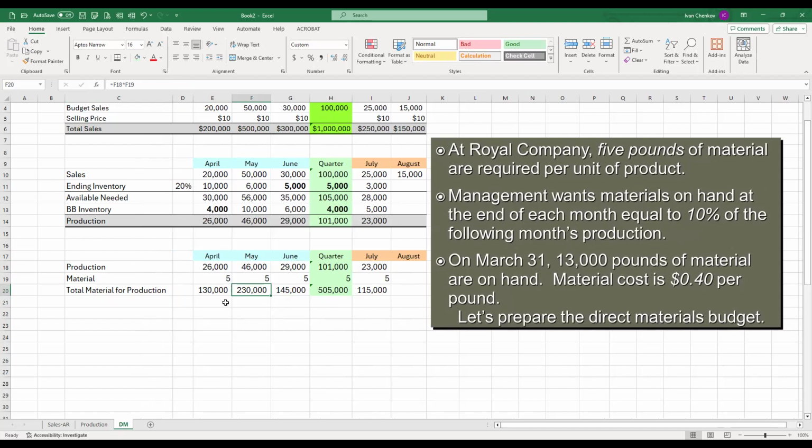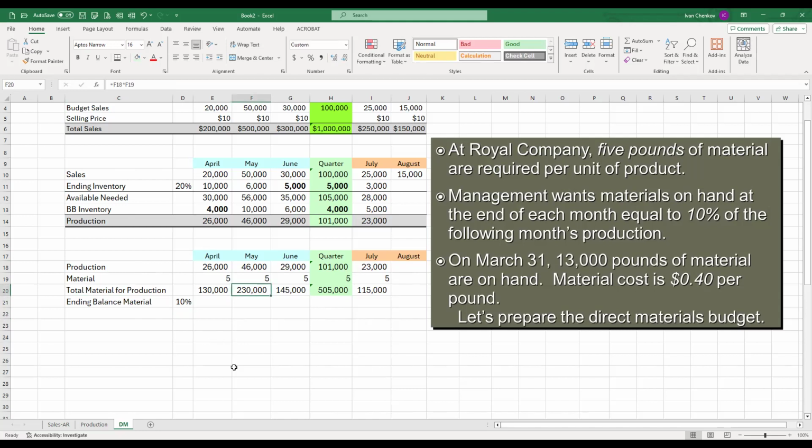Make sense? So what we have to do is basically repeat what we did here for the production, but for the material. So let's see, ending balance of material, they want to be 10% of the following month production.